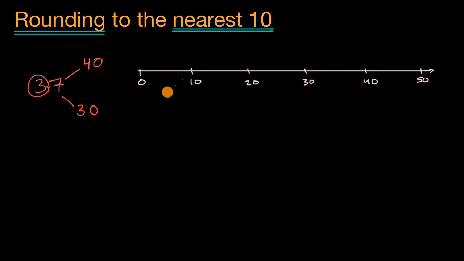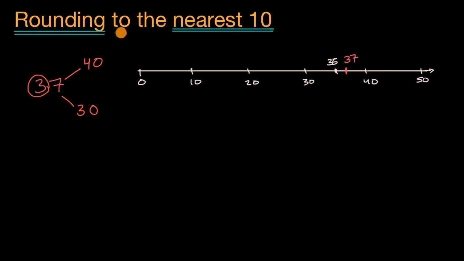And so where is 37 on this number line? Well, it's between 30 and 40. If I wanted to make it a little bit clearer, if I said that this is 35 right in between 30 and 40, then 37 is going to be right about here. So that is 37.